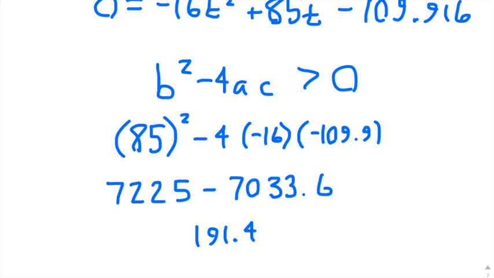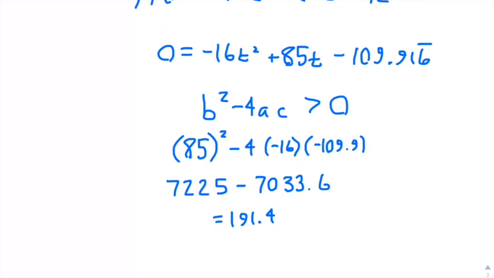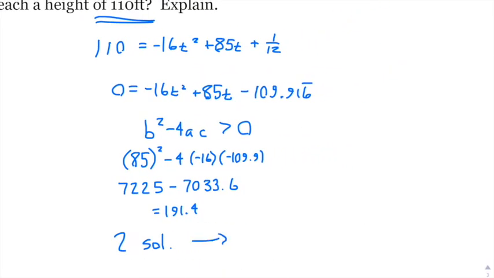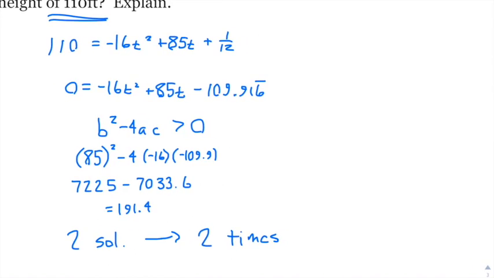Obviously that's greater than 0, so that means there are two solutions. Or in the context of our situation, that means there are 2 times on this graph that the ball is at 110 feet.